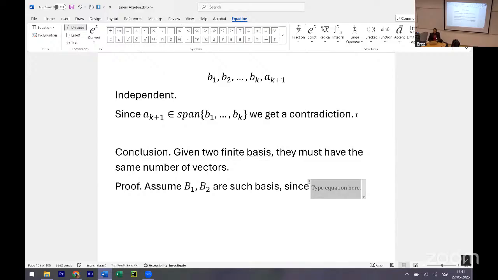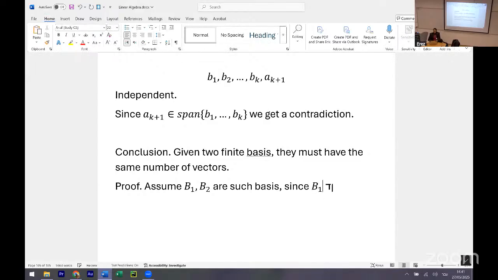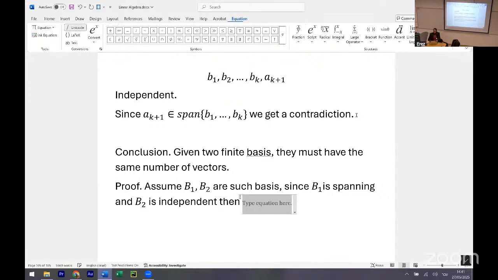Since B1 is spanning the entire vector space, and B2 is independent, then the number of elements in B1 must be larger or equal to the number of elements in B2.